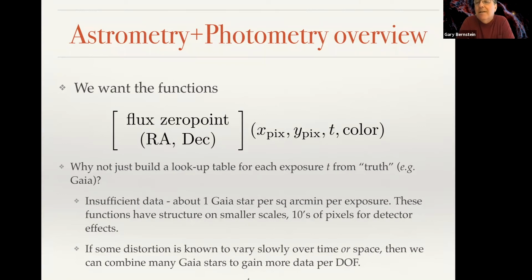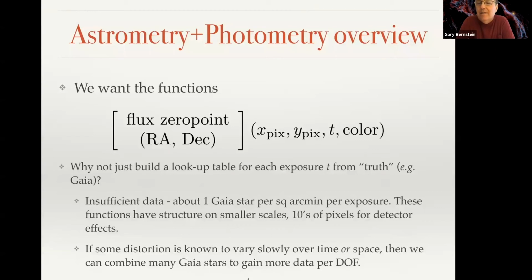You can take your pick, okay? And also these functions may need to know something about the SED of the object, which I've abbreviated here as color terms, right? And the astrometric version of this is the same idea, but just with two numbers that you have to get out instead of one, RA and DEC.